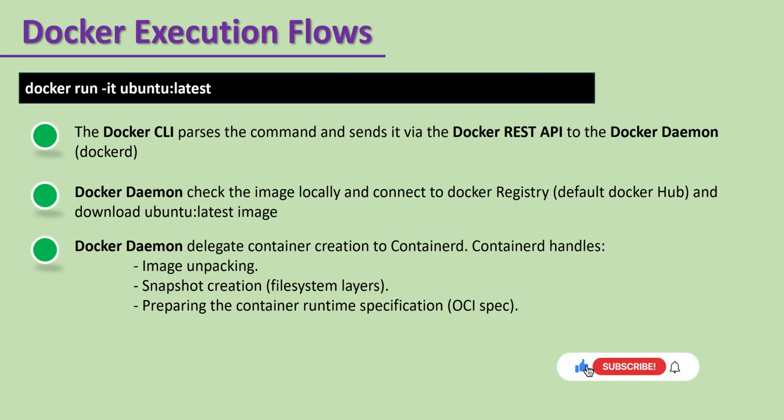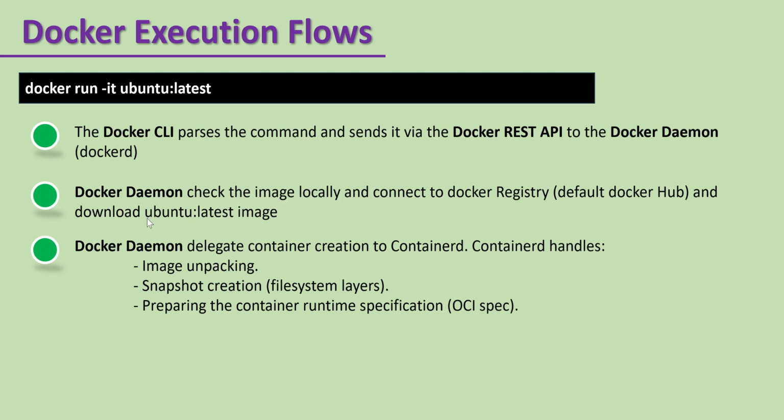After the first task completes, the Docker daemon delegates container creation to containerd, since we are running a container here. So the Docker daemon delegates container creation to containerd. Containerd handles the following: image unpacking.